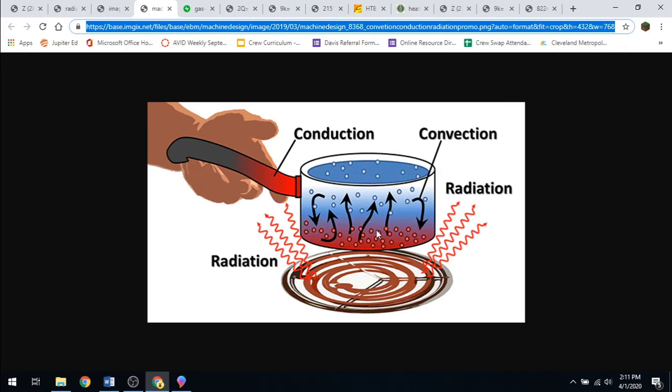Also, inside this pot of boiling water is convection going on. And then there's also some conduction. The heat is also being transferred into the side of the pot, but hopefully not too much into the handle, otherwise you wouldn't be able to pick up the pot. But there's definitely heat into the side of the pot. The side of the pot gets hot because of conduction.